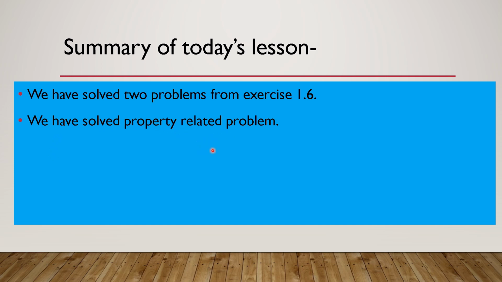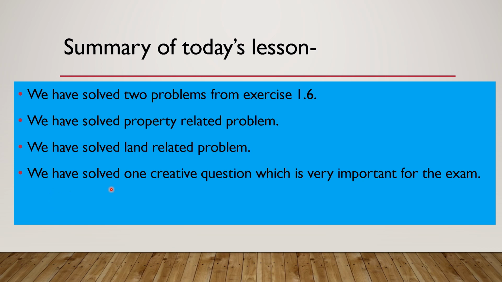Yes, at first that problem number 23 is the property related problem. Then we have solved an important land related problem. And the next one, we have solved one creative question which is very important for the exam. That is the thing of today's class. Now, this is the summary of today's lesson.